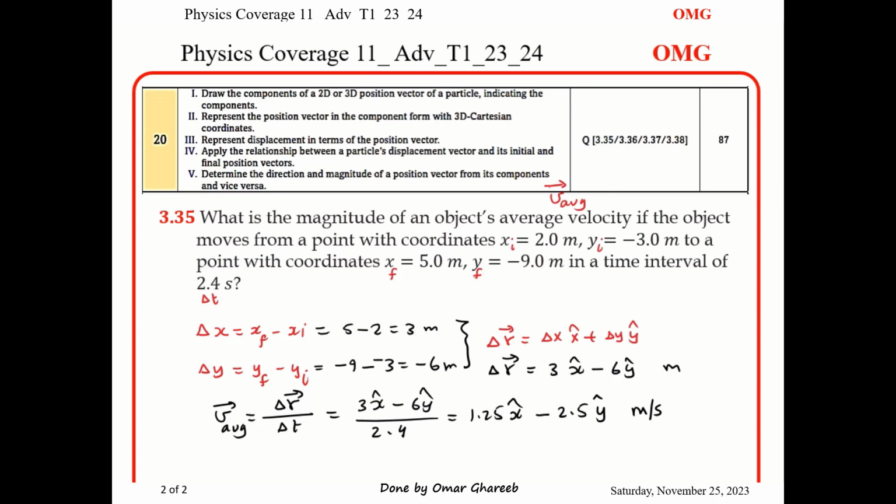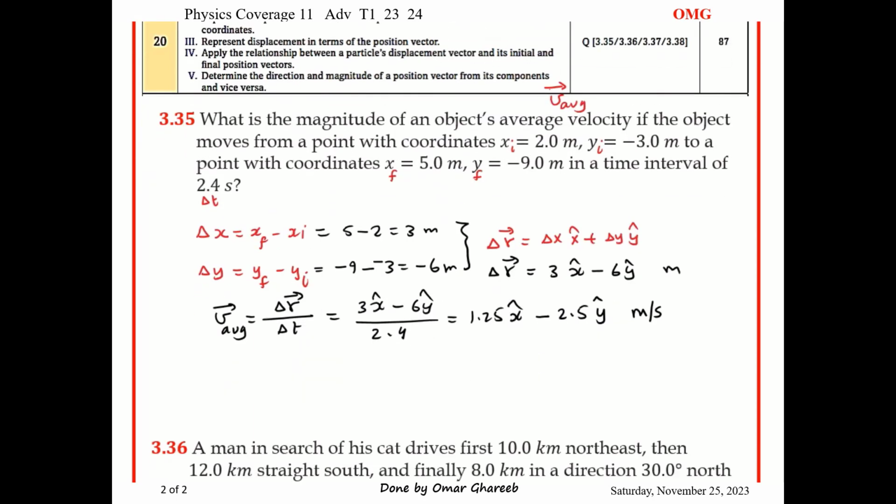Now if you need the magnitude for this velocity, v average, apply the Pythagorean theorem, vx squared plus vy squared. This is the x coordinate for the velocity and that one is the y coordinate for the velocity.